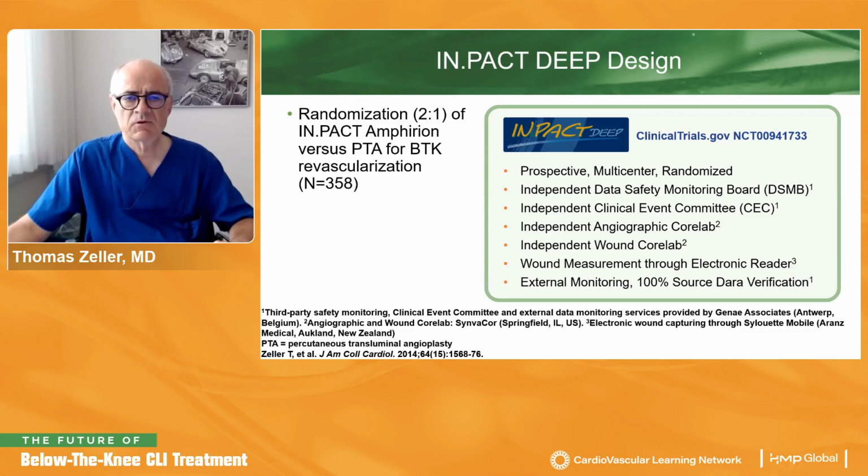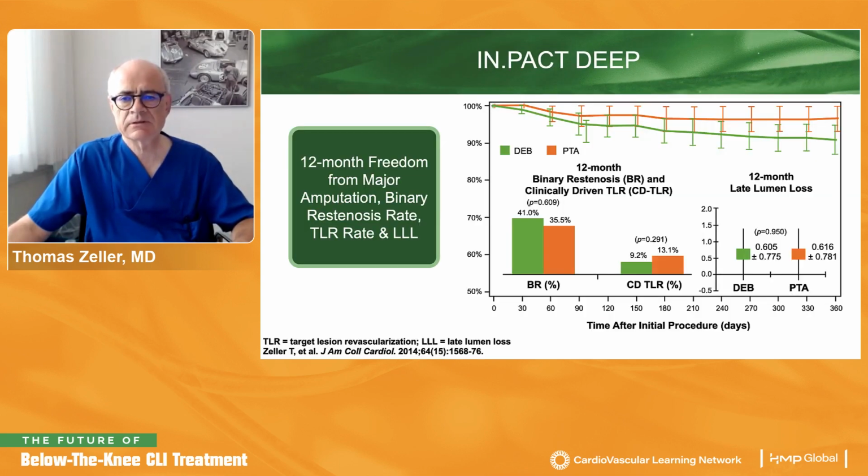The most popular and oldest study is the IN.PACT DEEP study, which was a 2-to-1 randomized study comparing the IN.PACT Amphirion balloon against plain balloon angioplasty. A relevant number of patients had been enrolled, almost 360. There was an independent adjudication of all events, including angiograms, wounds, and duplex ultrasound outcomes.